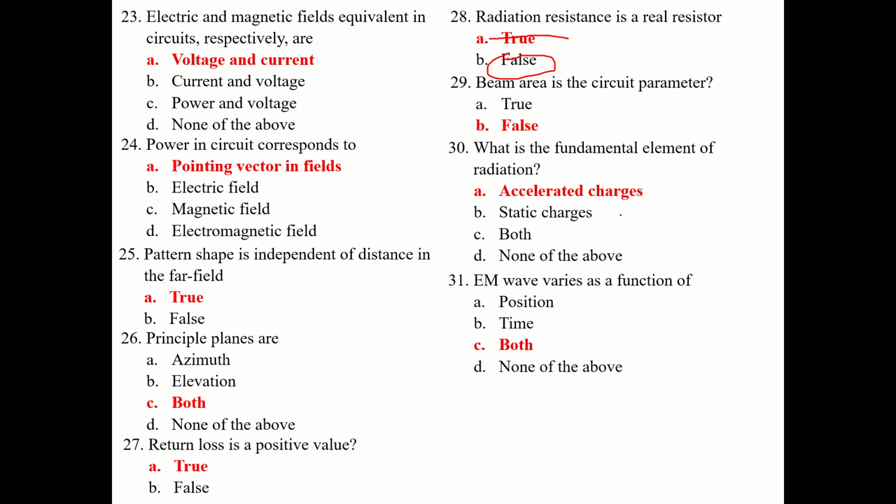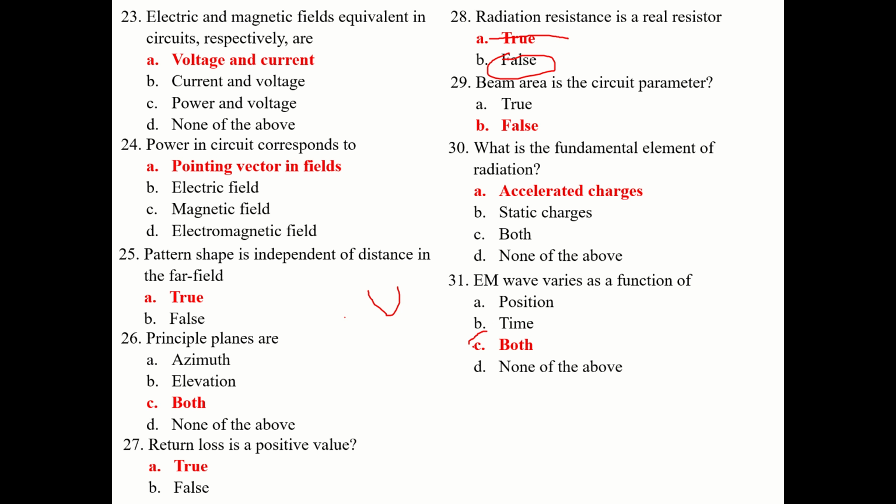EM wave varies as a function of both position and time. When you look back at the antennas and RF concept video, I think I mentioned equations where the variables were time as well as position, like dou t and dou z.